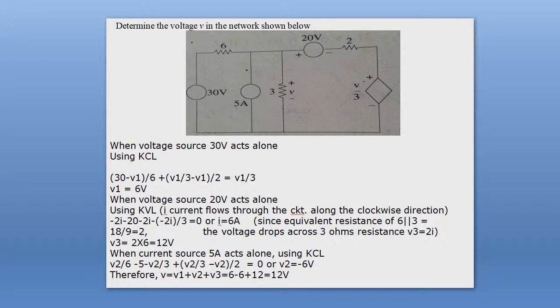So this is the only difference. Otherwise the same approach whatever you have applied for independent sources, maybe current source or voltage source. Only one difference for dependent source is that we need to consider it throughout the process. We cannot replace dependent sources by their internal resistances.